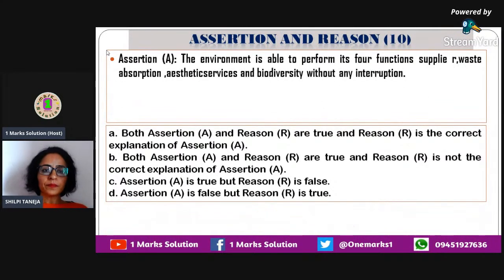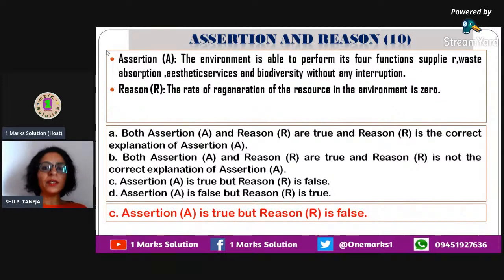Next question. Assertion says the environment is able to perform its four functions. Now see, what are the four functions of the environment? It is a supplier, meaning the supplier of resources.